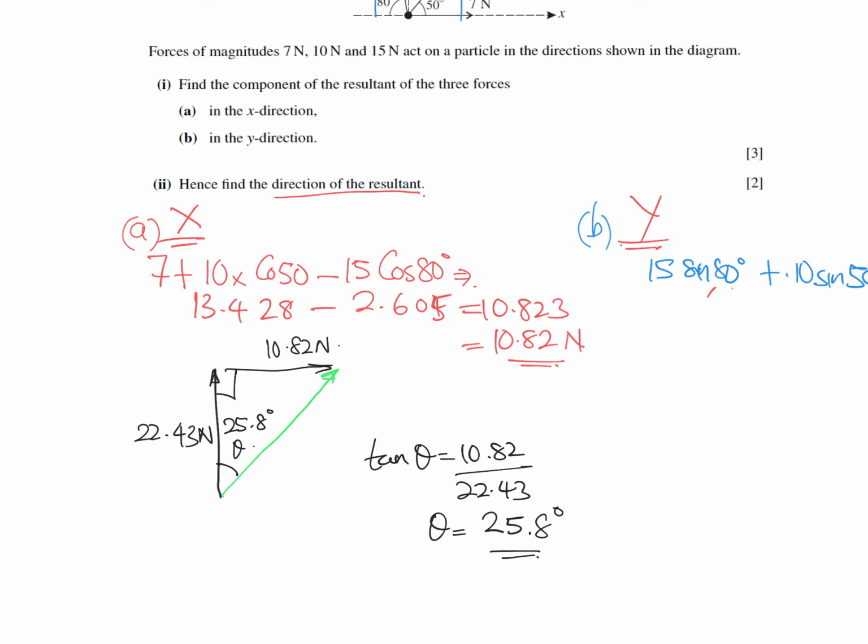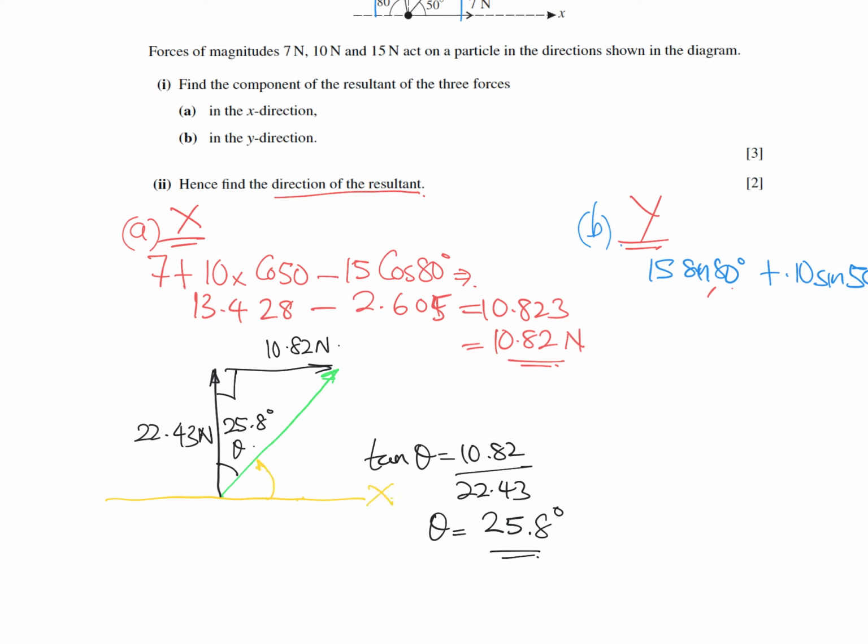Now when we write direction, we normally write where the resultant is based along the x-axis. So what is the direction we are looking at? If I want to write it, I would write that the resultant is at a certain angle above the x-axis.